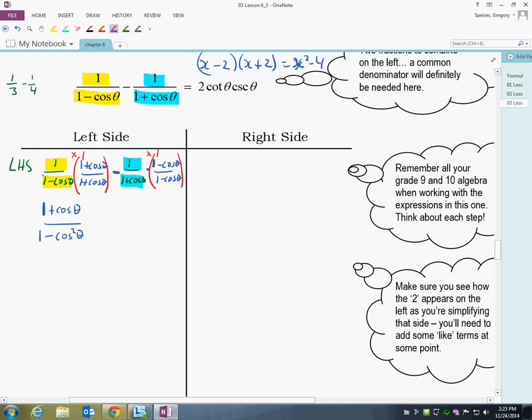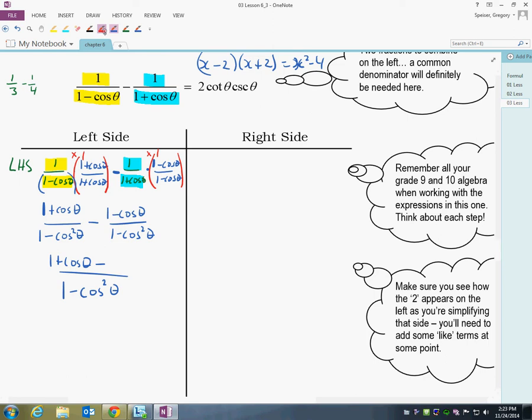Okay, so these two multiplied together give me 1 minus cos squared theta. Minus, and when I multiply the numerators out, I'll get 1 minus the cos of theta all over 1 minus cos squared theta. Okay, so that's the big part there. Now we're going to put it under one denominator, 1 minus cos squared theta, and in my numerator I get 1 plus the cos of theta minus, now this whole thing is being subtracted, right?